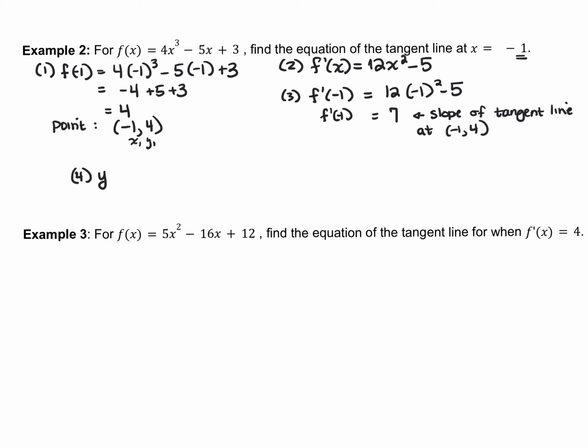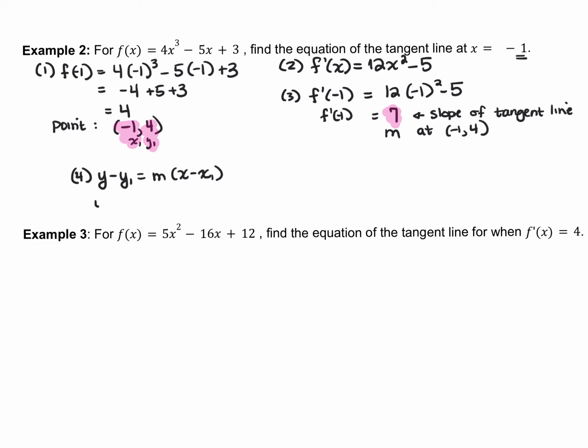Okay, so again, using y minus y1 equals m times x minus x1. I'm just going to plug in what I found. And I go back here and highlight the things that I have found. So I know that x1 and y1, we found those, and I know that this is m. All right, let's go ahead and plug it in.